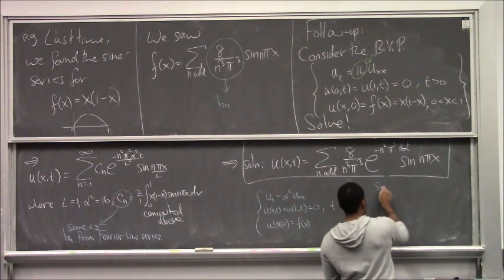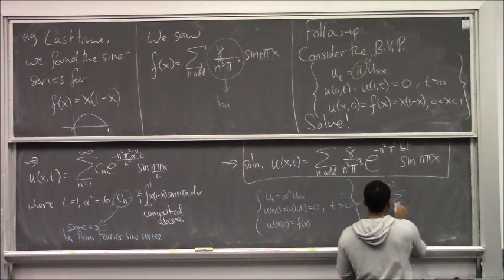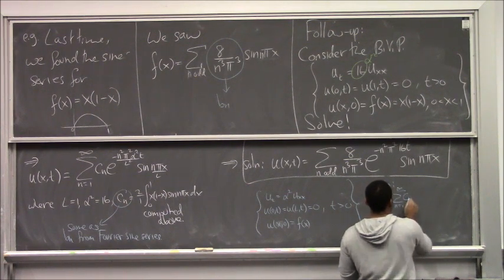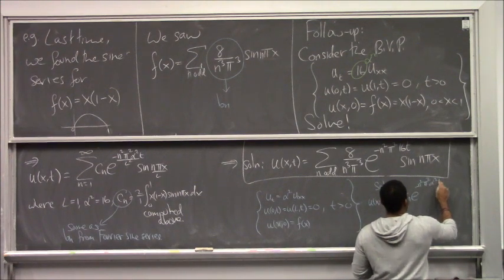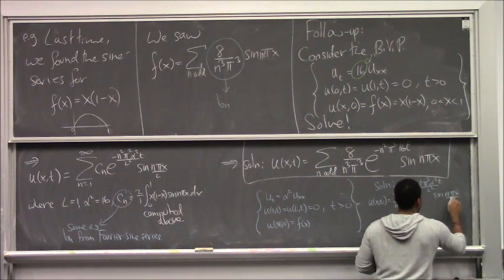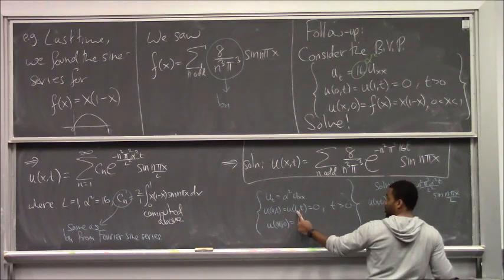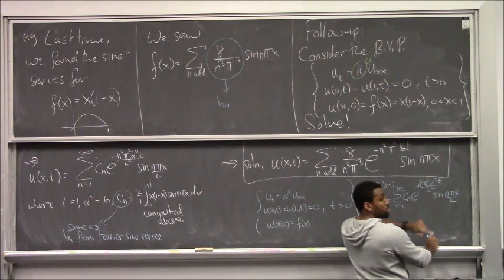The solution will look like u of x, t, where whatever number showed up here, you're going to put that number here and here.